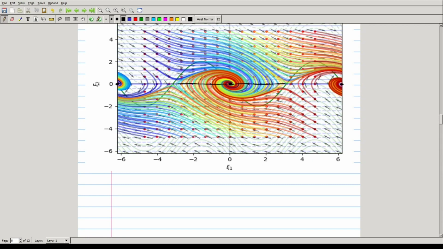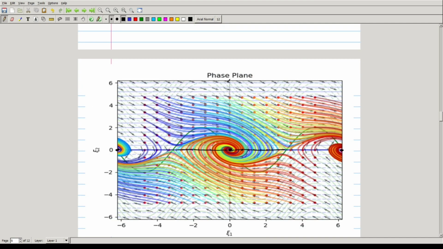On any orbit of this differential equation, the solution is never going to be constantly equal to 0. It's only equal to 0 when we cross the omega axis here. This is the omega axis, and this is the theta axis.